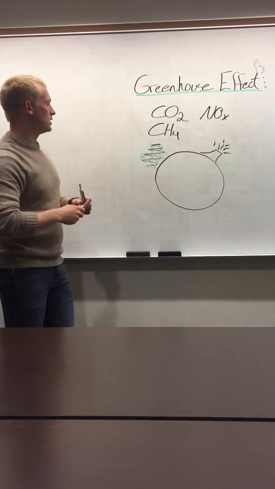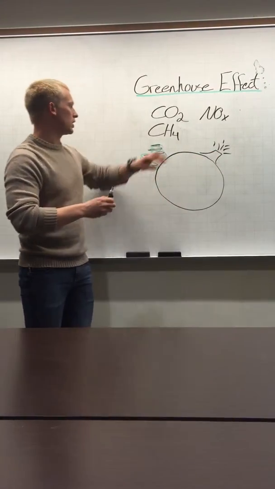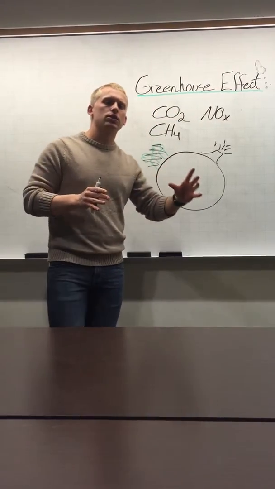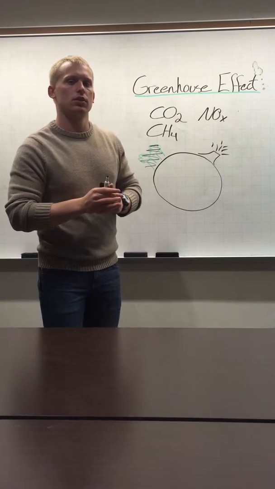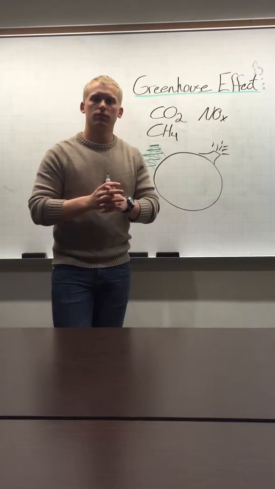Does anyone have an idea about how these two factors would change the concentration of our greenhouse gases and possibly change the temperature of our planet? Anybody have any ideas? What do you think?